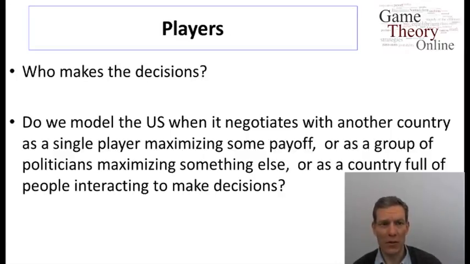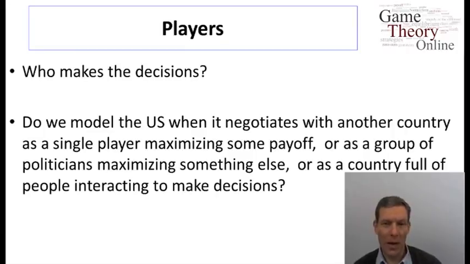So the US is a single player maximizing some particular payoff? Or is the United States actually a group of politicians who might have their own agendas? Or is a country a population of people who interact in a very complicated way to make decisions? Depending on how detailed you want the model to be, you might represent the players very differently.